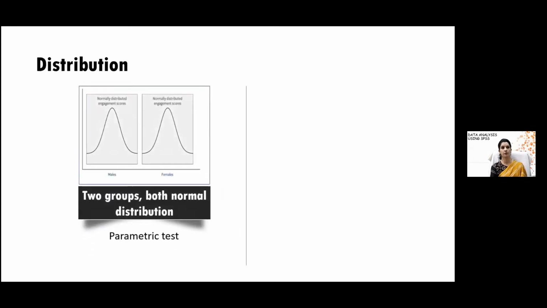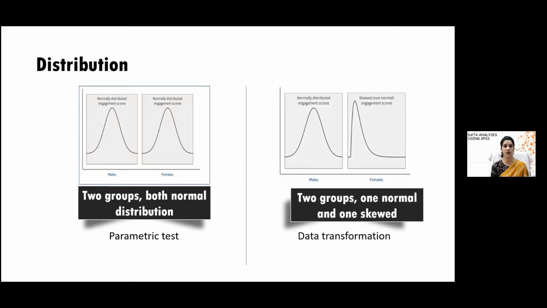If you see this graph, there are two groups and both groups are normally distributed. If the groups are normally distributed, then we apply a parametric test. I'm talking especially about the independent sample t-test, which we apply when we compare the means of two different groups.